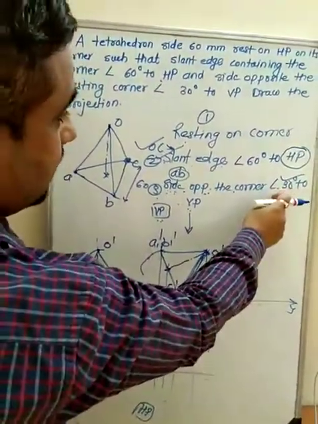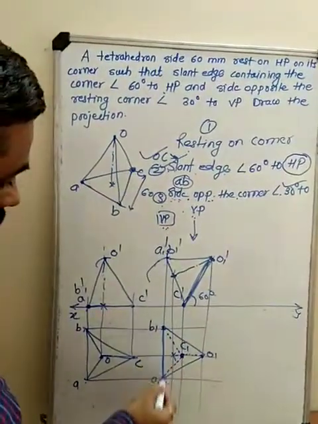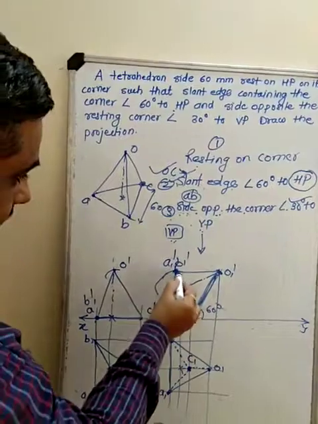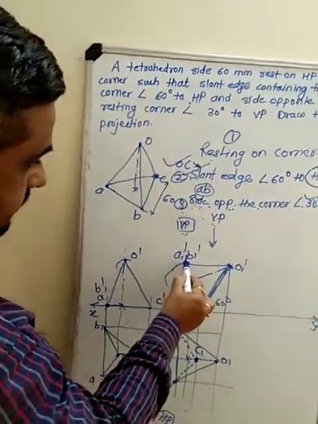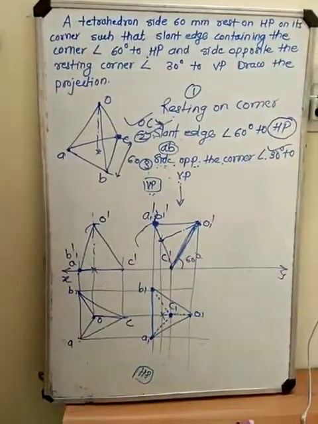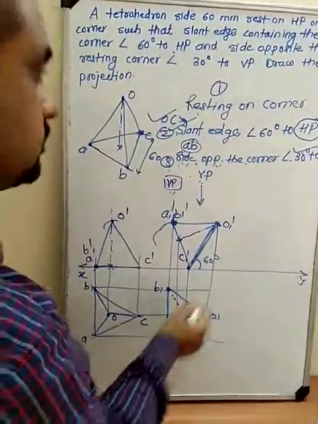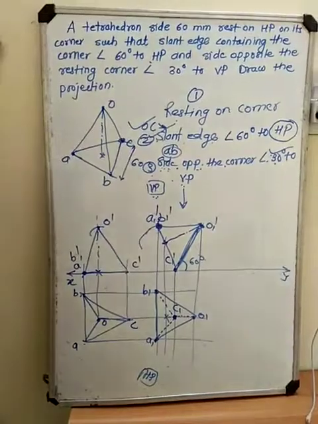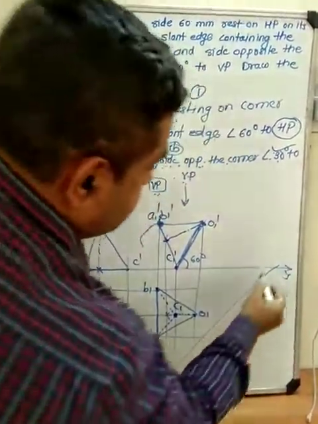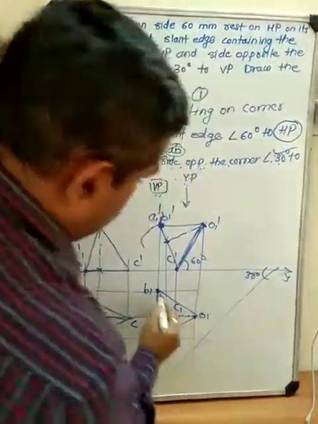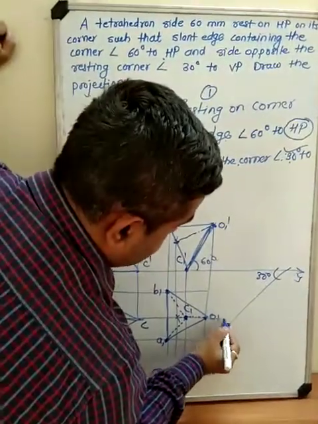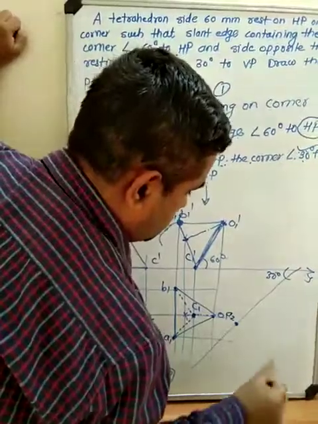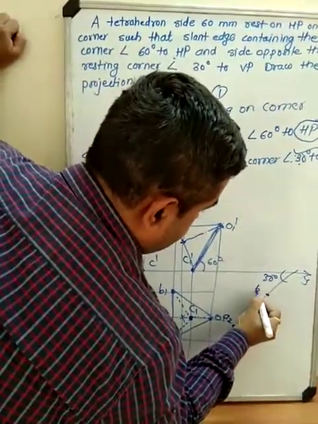Now the angle is 30 degrees and AB is true length because AB is parallel to HP. That means AB has its true length. So you can take this angle, as this is a true angle and this is a true length. Now take the inclination of 30 degrees, A2 here, and distance B2.